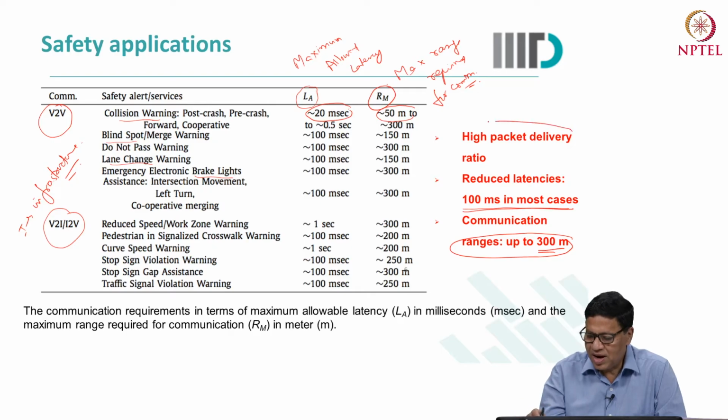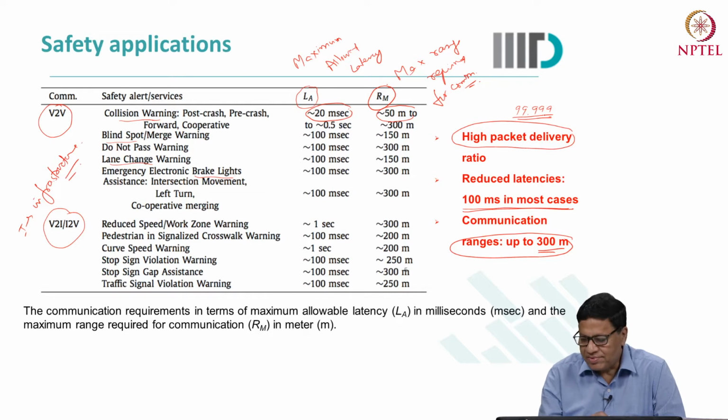And you require high reliability, that is high packet delivery of the order of 5 nines. That kind of reliability is expected in vehicle-to-vehicle communication systems. And so these are some of the broad requirements for safety applications in terms of maximum allowed latency, maximum range required for communication, and the reliability figures.